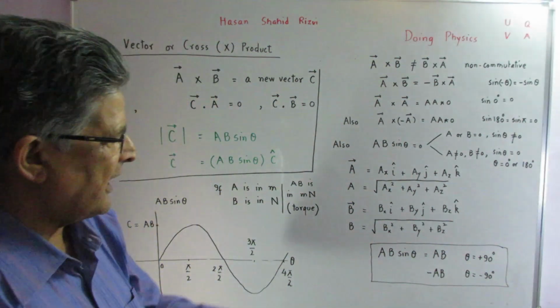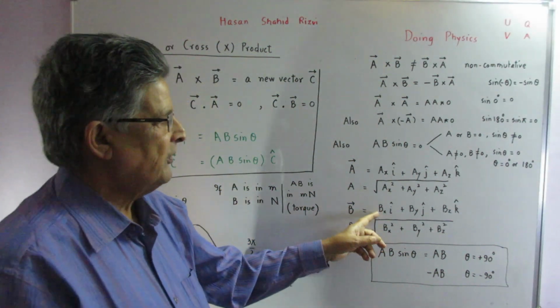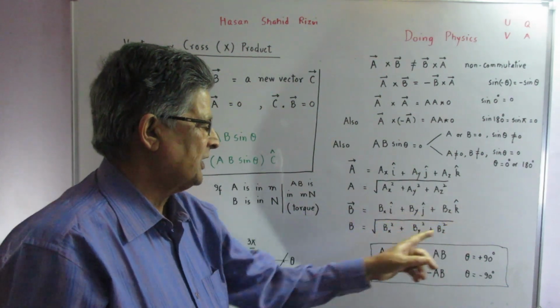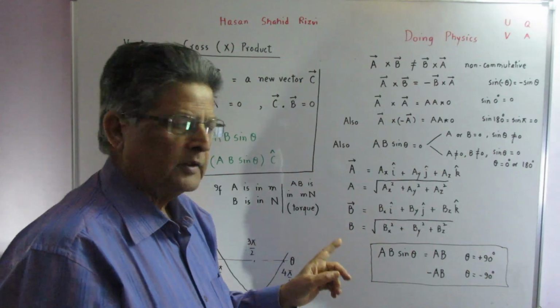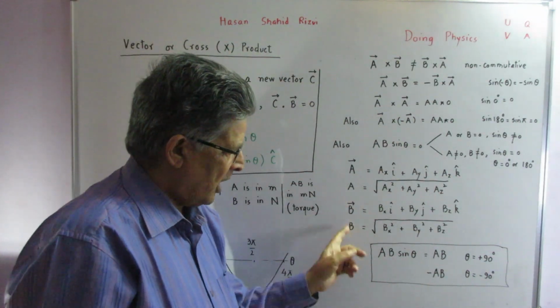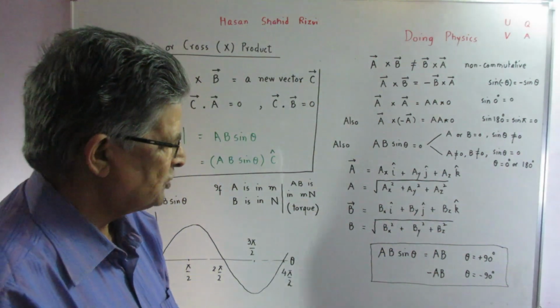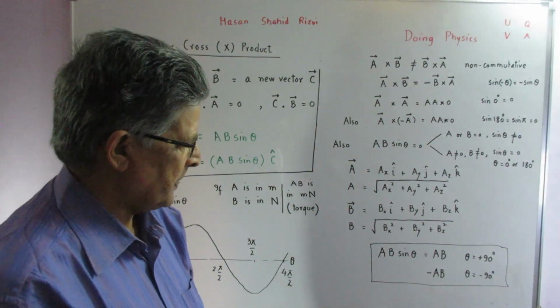And similarly, if I write the vector B here, it will be Bx i plus By j plus Bz k, so that I can write the magnitude of this vector as equal to under root of Bx squared plus By squared plus Bz squared.